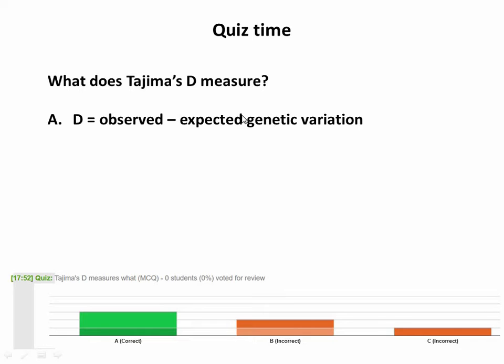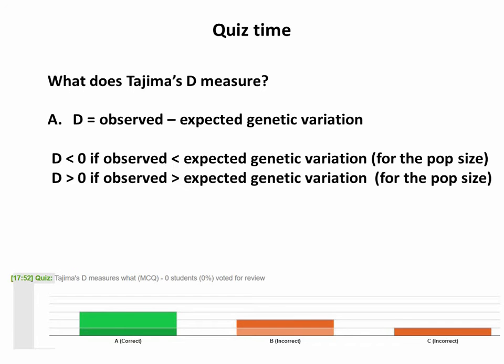And expected means expected if there is equilibrium, if there is nothing exciting happening. And again, we get a negative Tajima's D if we have less genetic variation than expected for the population size. It's just a subtraction.